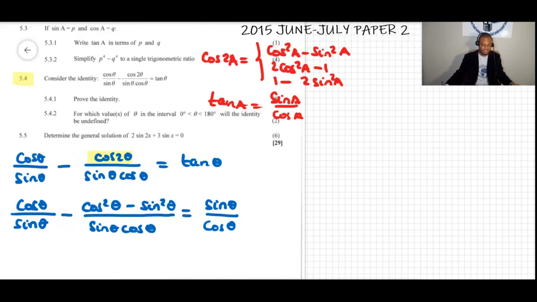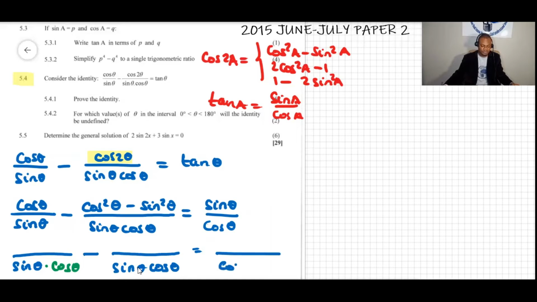So over here, I'm going to write sin theta times cos theta, to make it the same, minus. The denominator over here is already sin theta times cos theta, so over here we have cos theta.